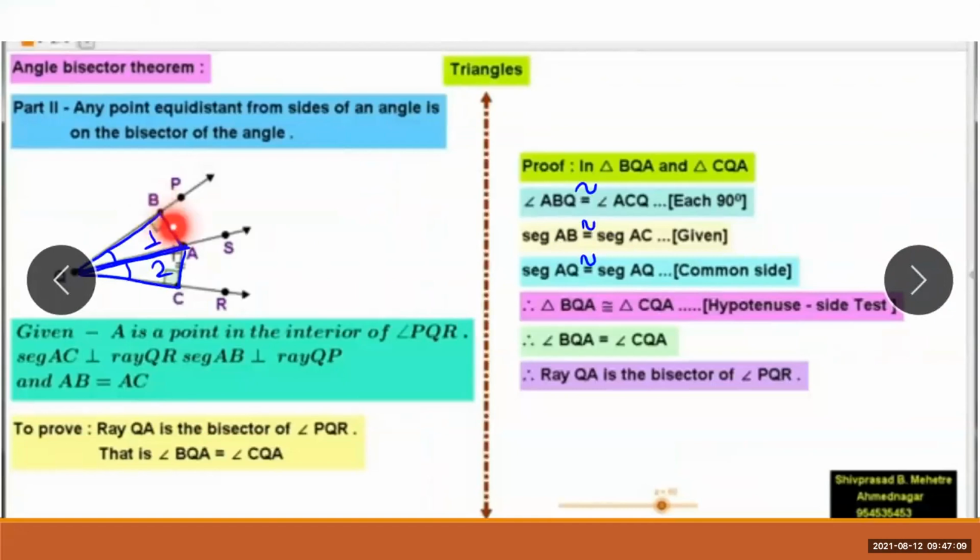Why? Because the point is equidistant; as the point is equidistant, both are equal in length. Now segment AQ is congruent to segment AQ, as that side is common in both the triangles. So the elements we found are angle B, segment AB and segment AQ.